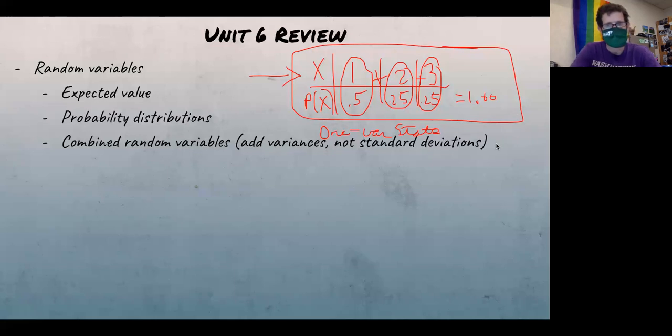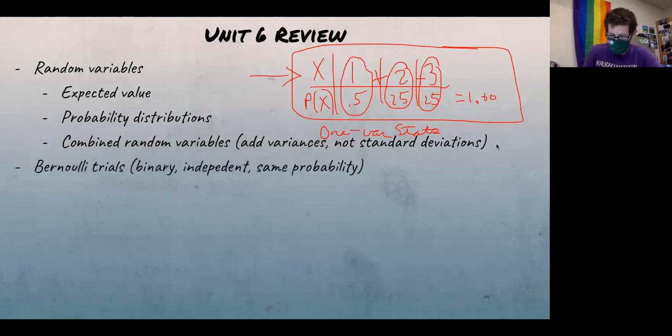Combining random variables. This is if I have a random variable x plus random variable y. Well, the mean of x plus y is going to be the mean of x plus the mean of y. And I should also add that the mean of a random variable is the same as the expected value of that random variable. And the standard deviation of x plus y is going to be adding the variances.